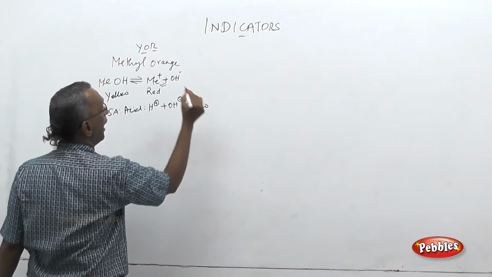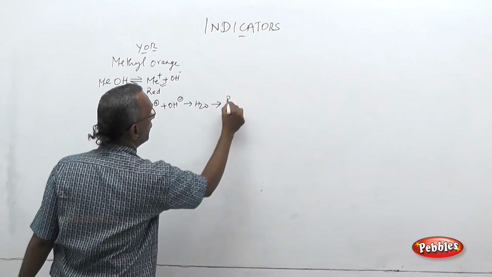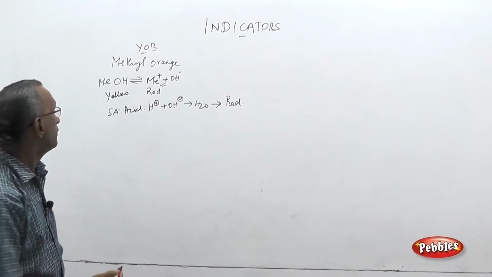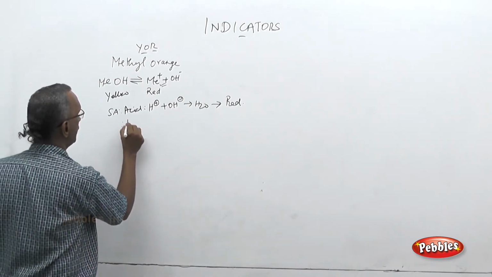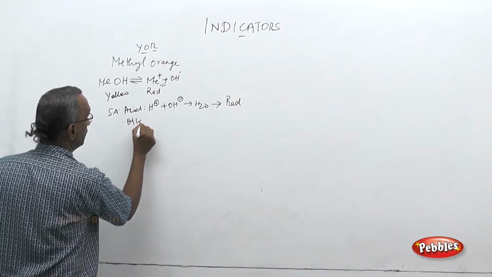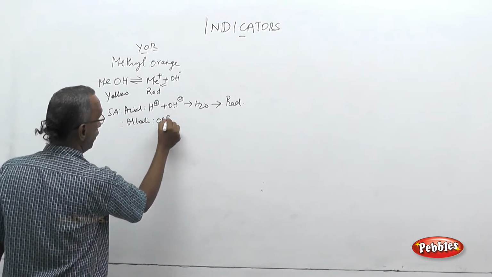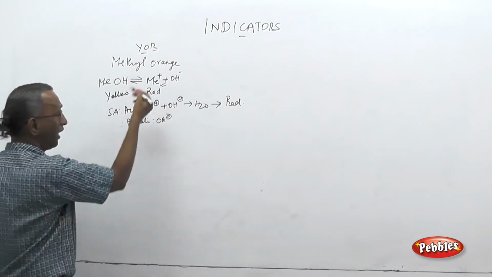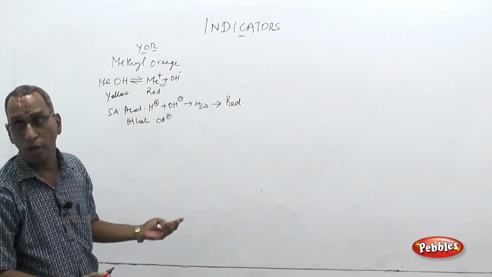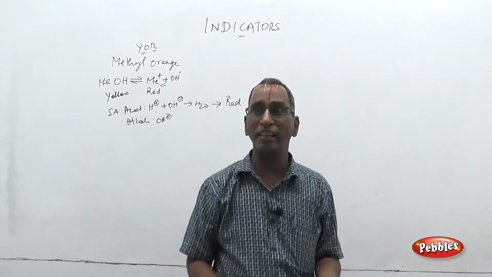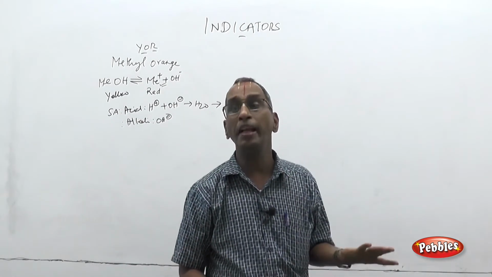The methyl orange cation is generated, and the system becomes red. If a base or alkali is added, the OH- concentration increases and shifts the equilibrium towards the left, so it renders yellow. So the solution is yellow in alkaline medium and red in acid medium.